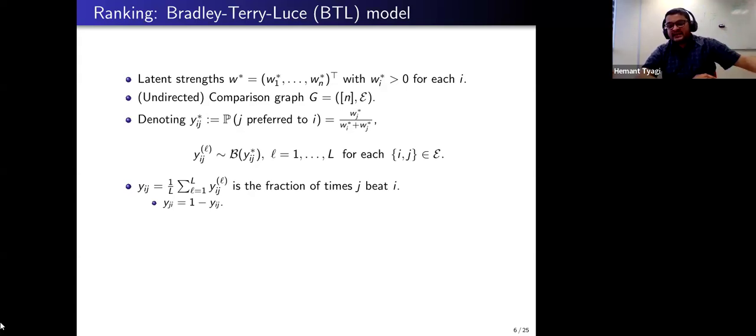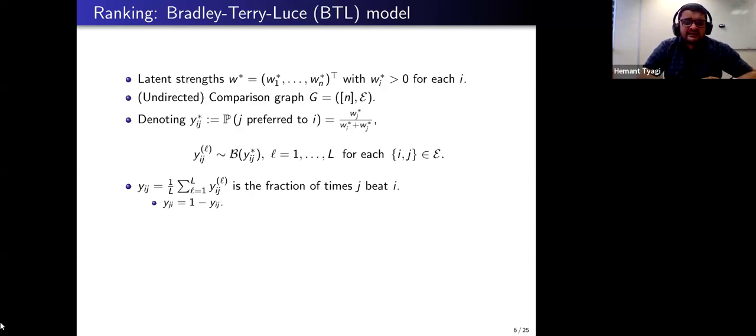So you have these L outcomes, and all of them are IID from the same Bernoulli distribution with parameter Yij star. Okay, and so for each ij in your edge set, you're given these L Bernoulli outcomes.